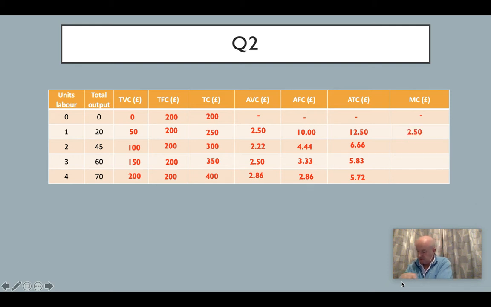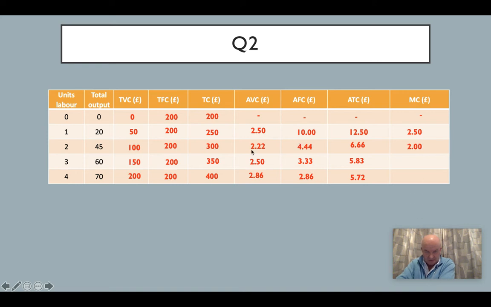Now where we've got a change in total cost from 200 to 250, and then a change in quantity of 20, we're going to divide the difference 50 by 20 to get the £2.50.